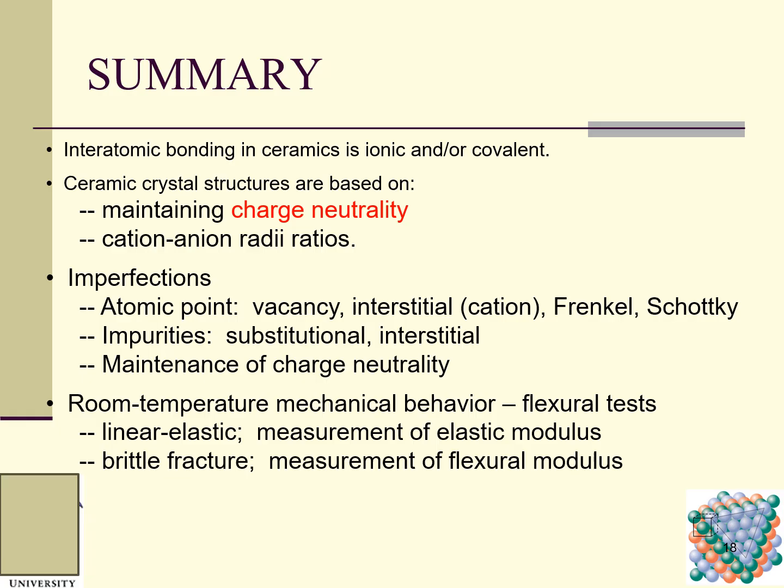Then cation and anion radii ratios: you can see how this radii ratio affects the defects and also impurities. Imperfections include atomic point defects: vacancy, interstitial cation, Frenkel, Schottky, and impurities, substitutional and interstitial, with maintenance of charge neutrality.